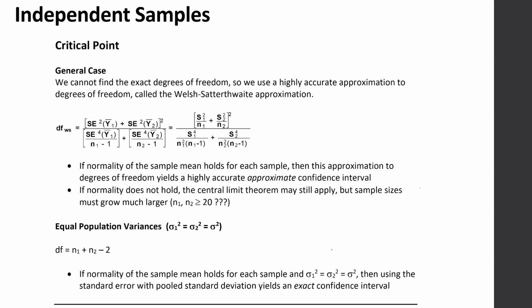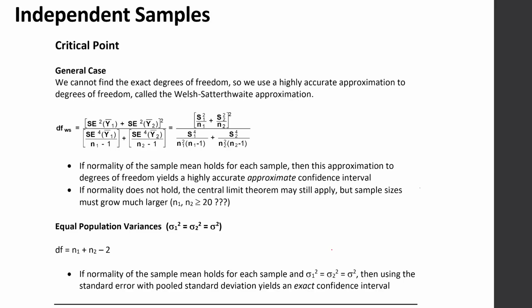And then, of course, you need your degrees of freedom. For the general case, it's going to be something called Welch-Satterthwaite degrees of freedom. It's an approximation to degrees of freedom. Of course, with this ugly-looking formula, you know you're not going to get a whole number out of there. And that's fine. R will do the calculations for us.